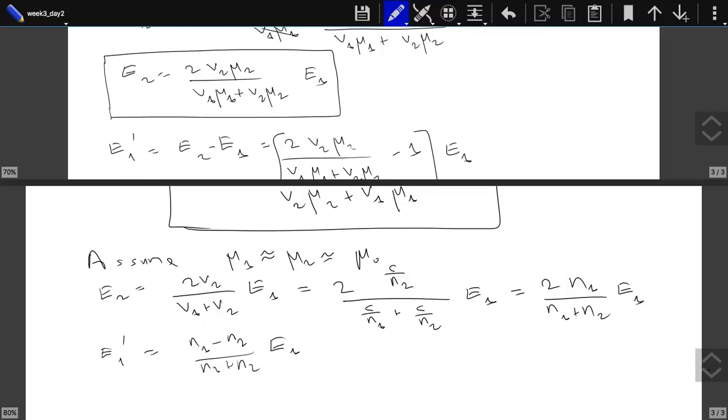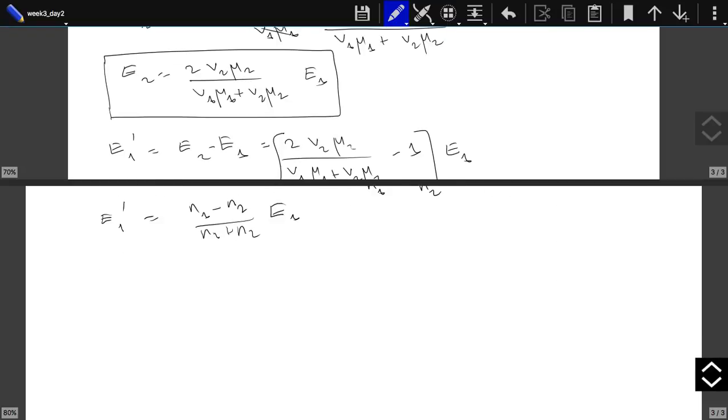Of course, this is only true under this assumption, which is quite a good assumption for most typical materials. These are for rays coming perpendicular to the surface.